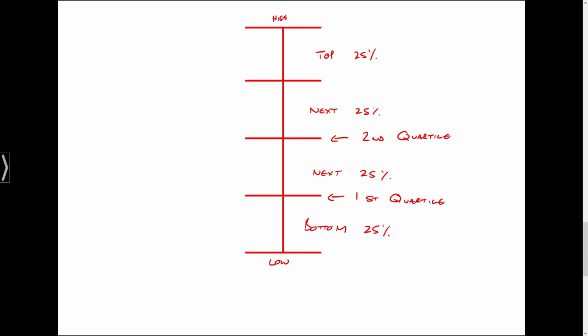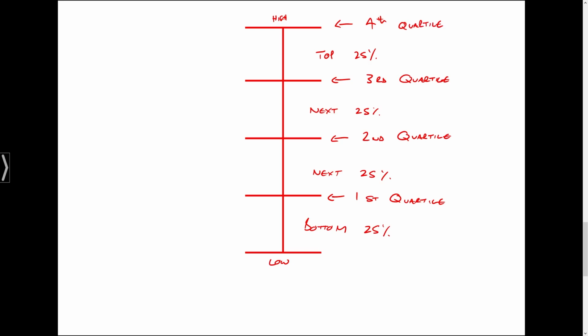The third quartile is this value here. So 75% of observations lie below the third quartile. And finally, the fourth quartile is up here. So 100% of observations lie below the fourth quartile.